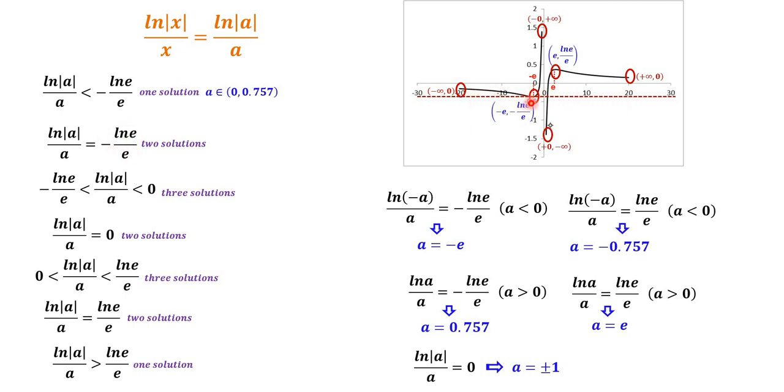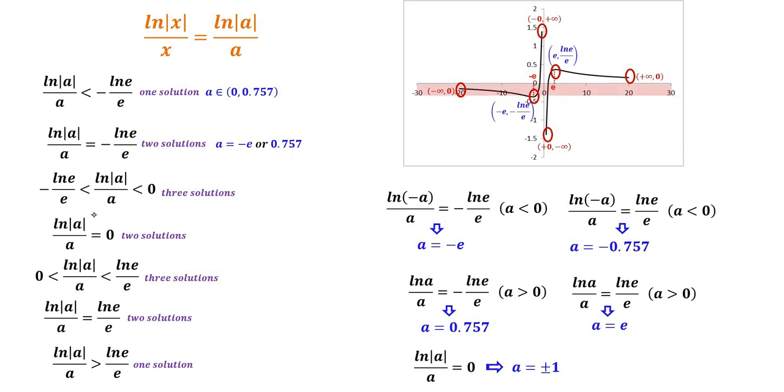So we'll say there are two intersections. That is A is equal to negative E or 0.757. So right here, the corresponding A value of this intersection. So the intersection here and the corresponding A value is 0.757.